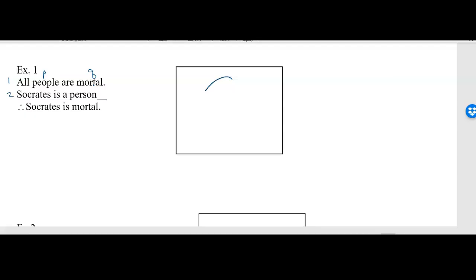So my big circle here is going to be mortal. And then inside, it says all people are mortal. That means the people go inside, because it says all people are mortal.